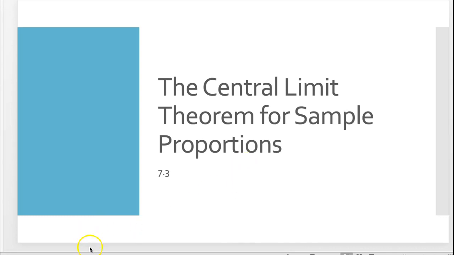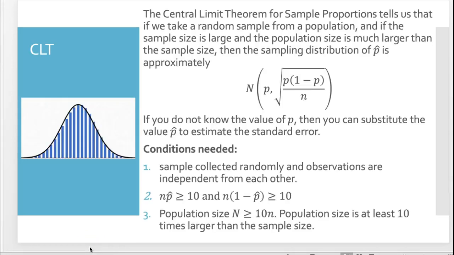They do the theory to back up these results. But what the central limit theorem says for sample proportion is that if we take a random sample from a population, and if the sample size is large and the population size is much larger than the sample size, so that's the sampling without replacement, then the sampling distribution of the sample proportion, p hat, is approximately, drumroll please, a normal distribution with mean equal to the population proportion p, and with standard deviation, in this case we call it standard error, the square root of p times 1 minus p over n.